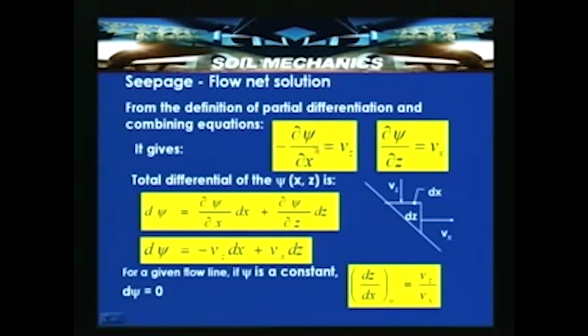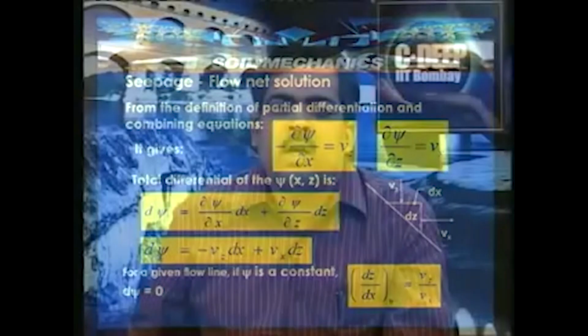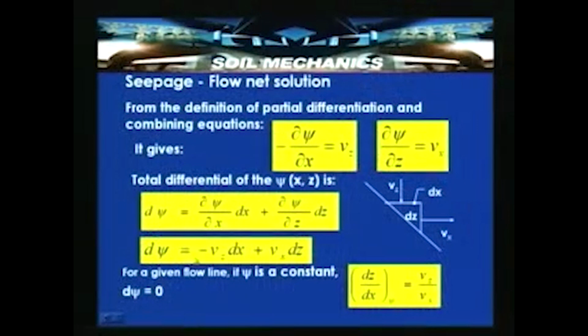Substituting for −∂ψ/∂x = Vz and ∂ψ/∂z = Vx, we can write the total differential of ψ(x,z) as dψ = −Vz dx + Vx dz. For a given flow line, if psi is constant, then dψ = 0.